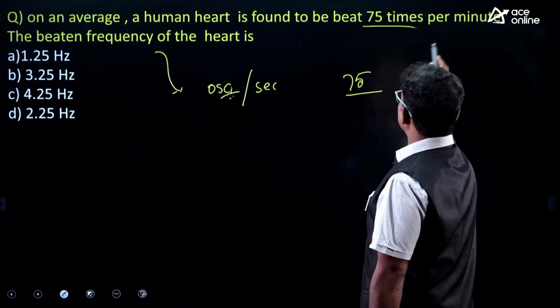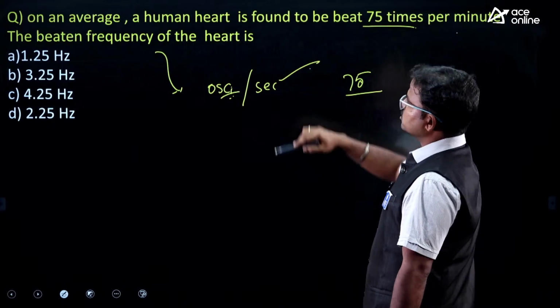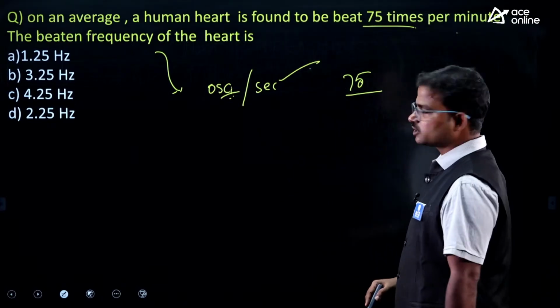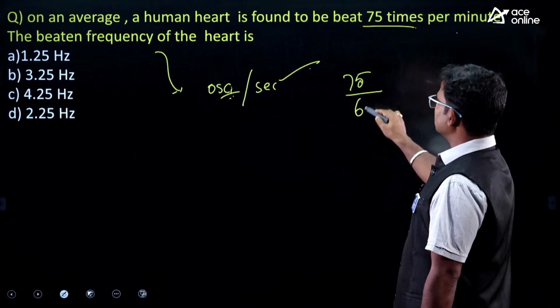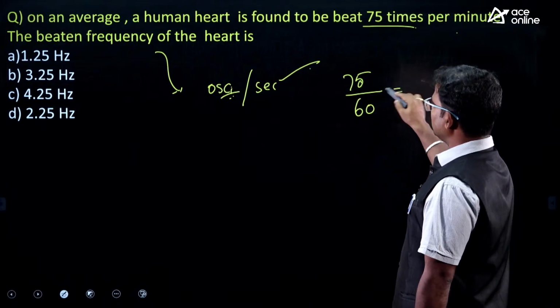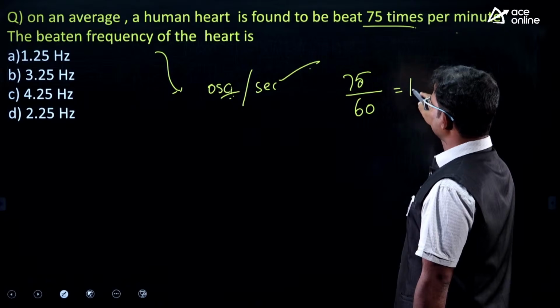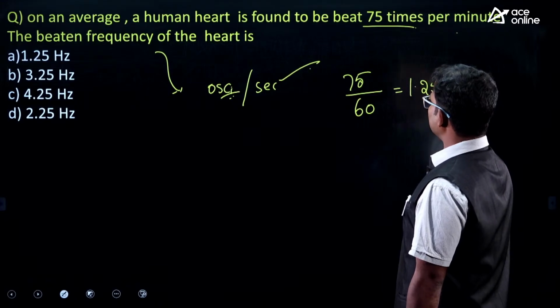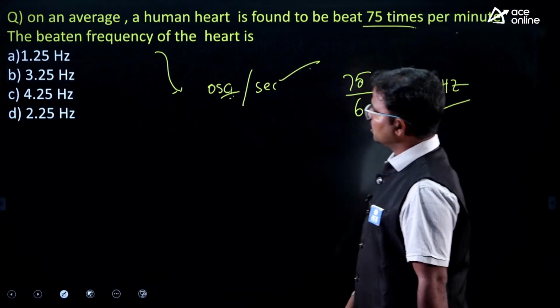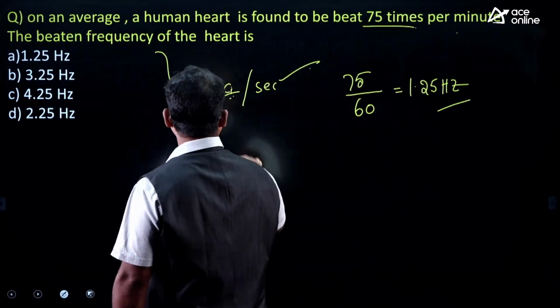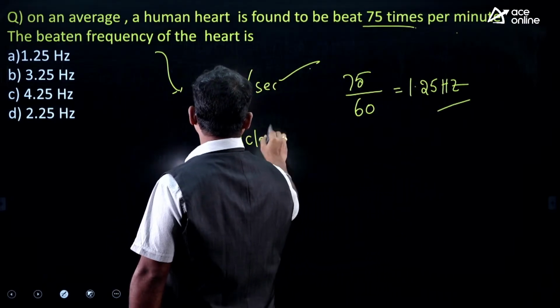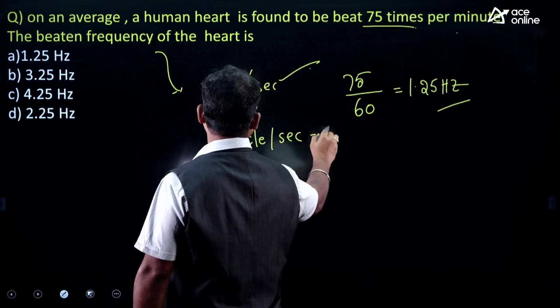Per minute means how many seconds? Because frequency is always expressed in terms of seconds only, you have to convert minutes into seconds, 60. Finally here the correct one is 1.25 hertz. Cycle per second is considered as hertz.